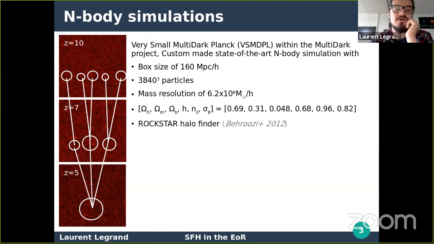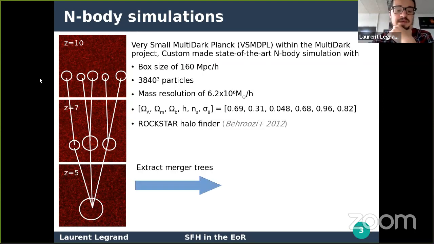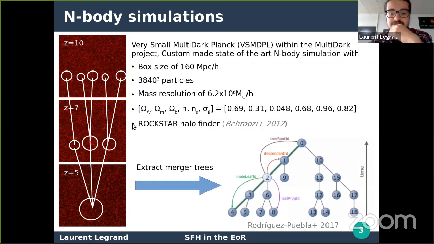And through the phase space halo finder, Rockstar, we trace the different halos across redshift, and we can extract merger trees that allow us to apply our framework. So here you can see the first halos that collapse and they merge until the one at the last redshift.